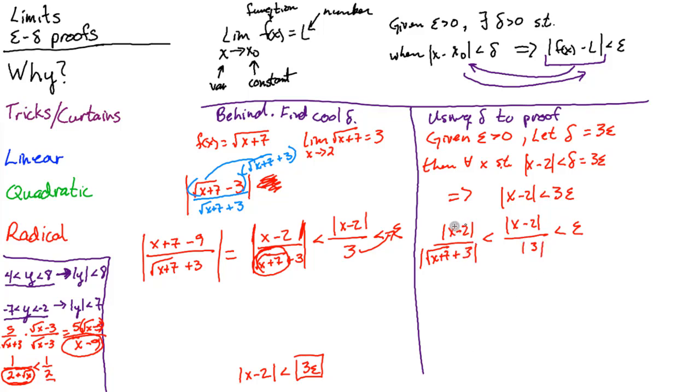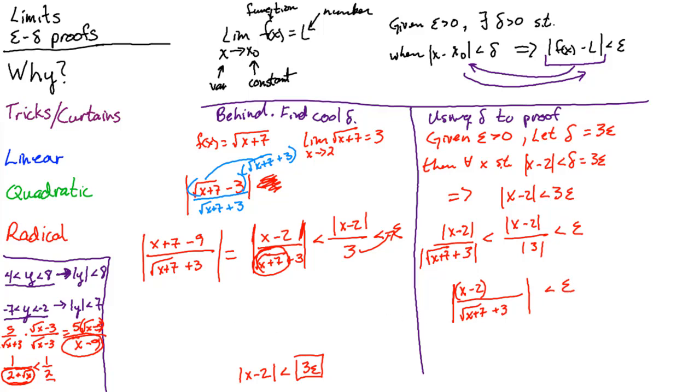It's the same number, didn't change anything. So now do that backwards and multiply top and bottom by, well, let's write it out a little bit bigger so we can see what's going on. So we have this huge thing, x minus 2 over square root of x plus 7, plus 3, is less than epsilon.